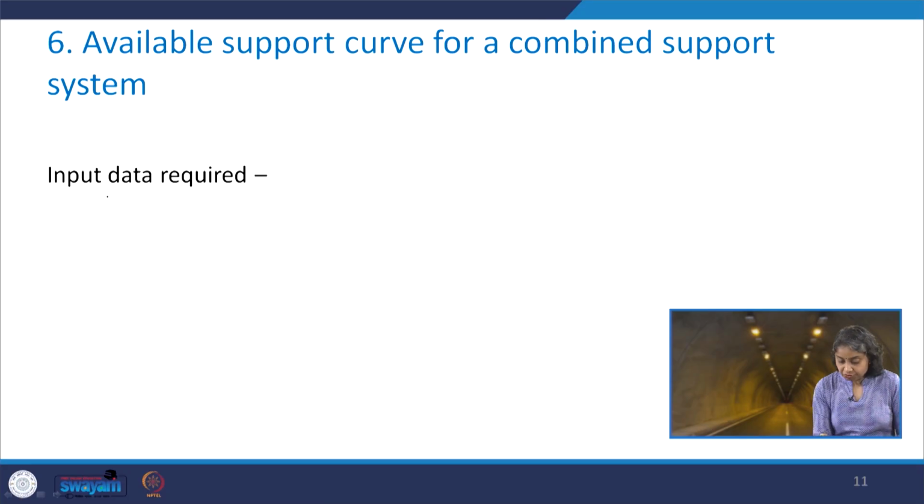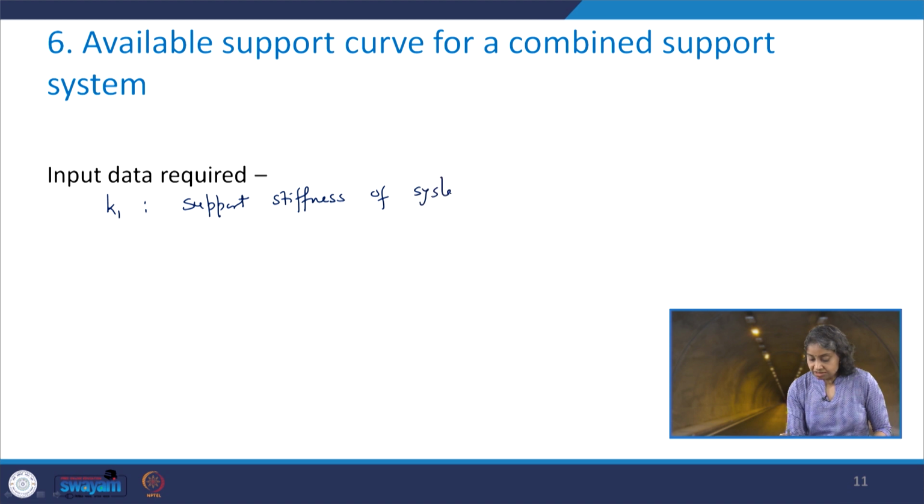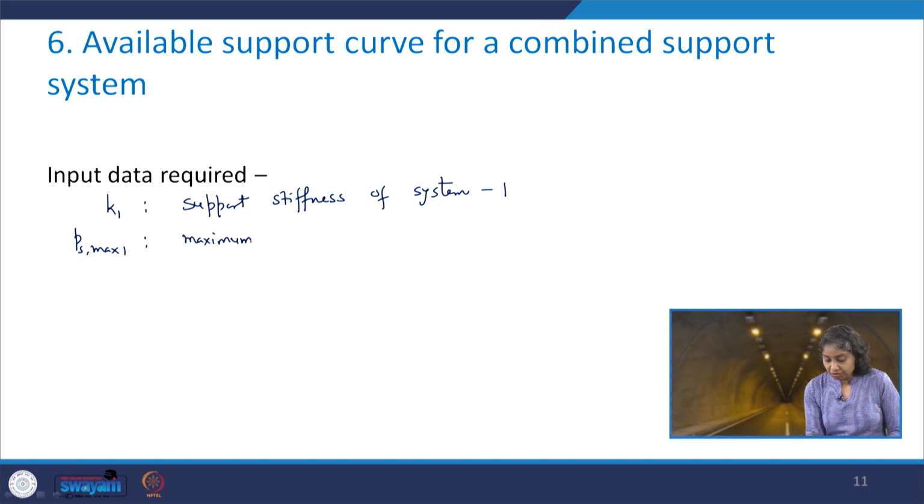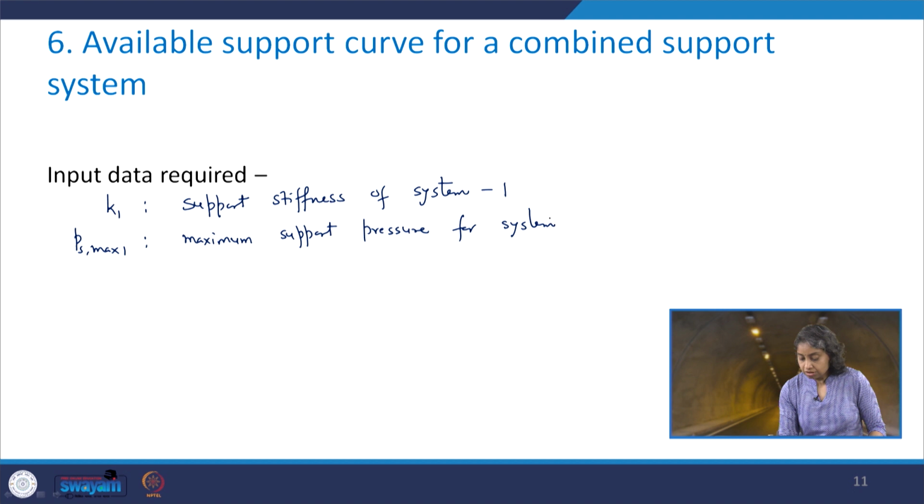The first one in the list is K1, which is the support stiffness of system 1. Then we have Ps max 1, which is the maximum support pressure for system 1.